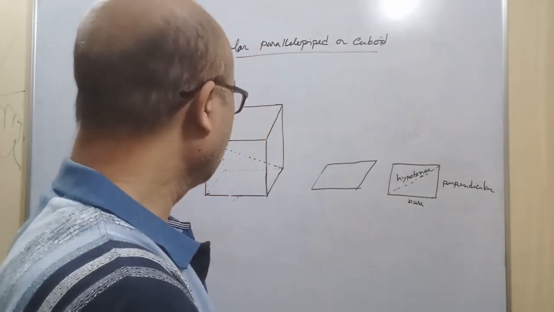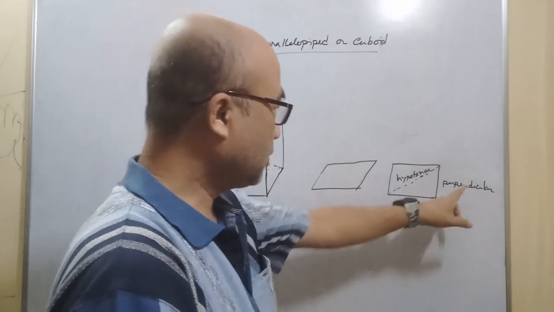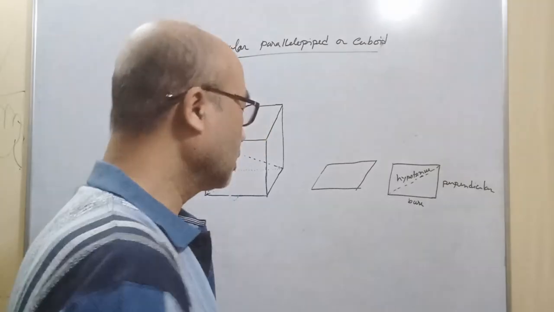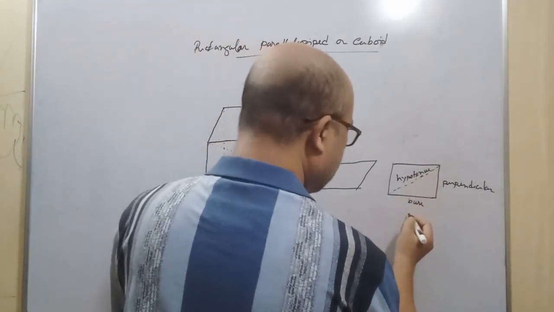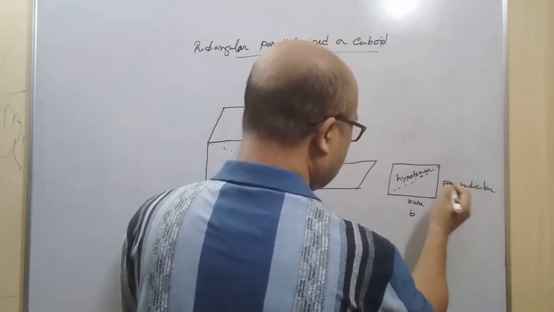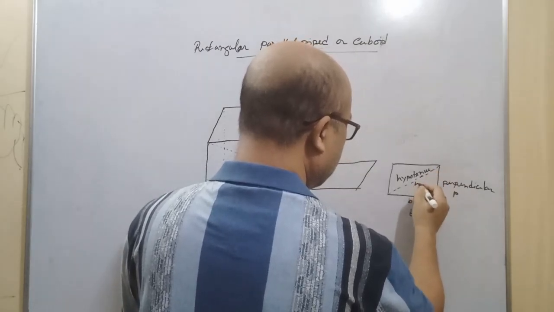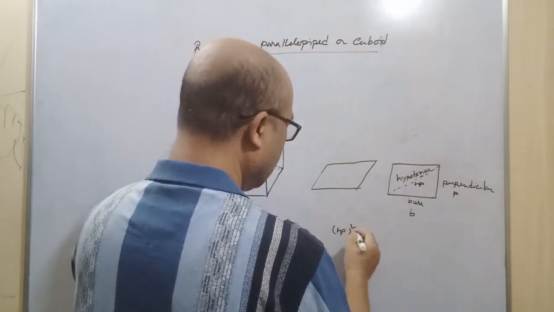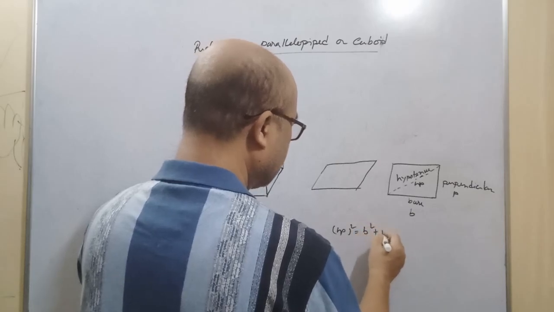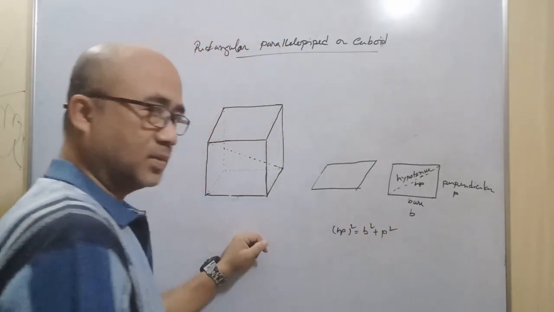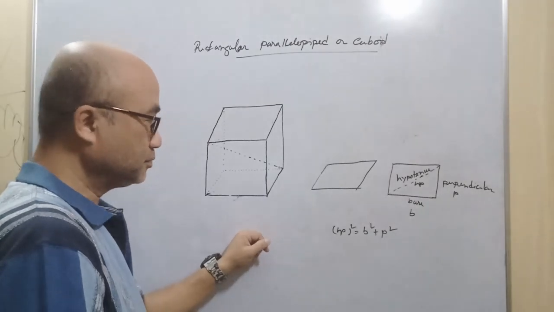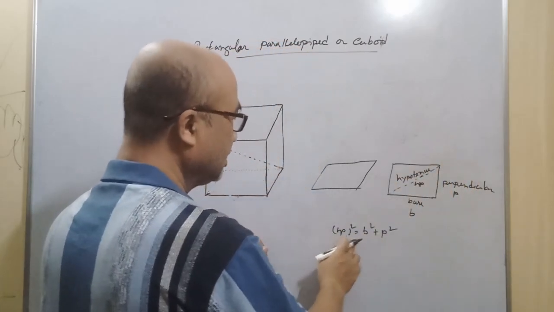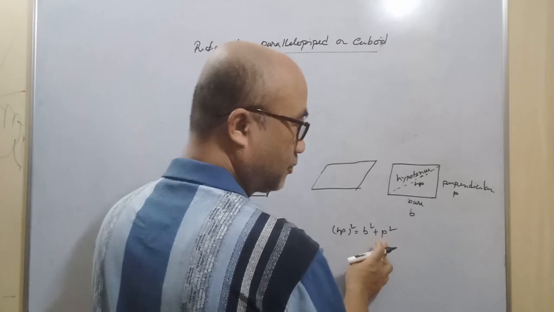Then if we know base and perpendicular, we can find the hypotenuse by Pythagoras Theorem. So if this is B, this is P, and this is HP, hypotenuse, then hypotenuse square is equal to base square plus perpendicular square, right?